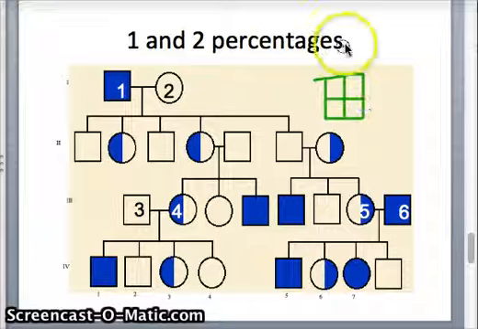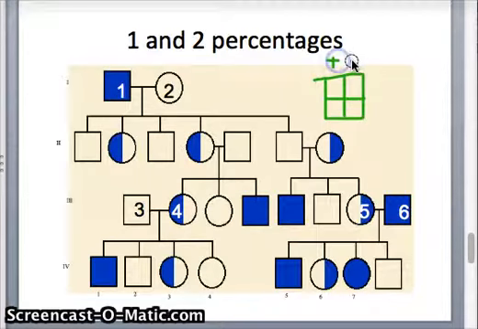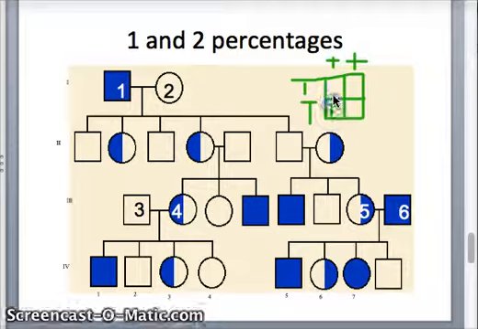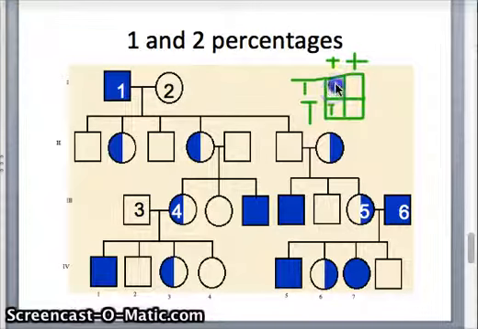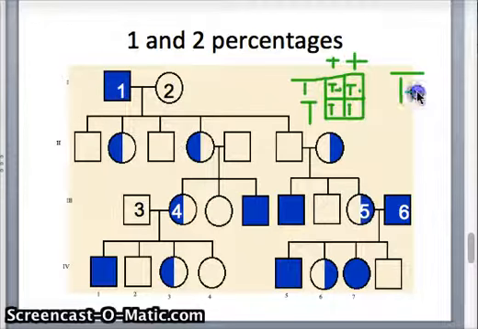Alright, so number 1 will be little, I'm going to use t's here just because it's easier. Little t, little t. Number 2, because it's not filled in at all, it's going to be big T, big T. Alright, so there's going to be a big T in all these boxes because they go all the way across. And then there's going to be a little t in all these boxes because they go all the way down. So all the boxes are going to be big T, little t.